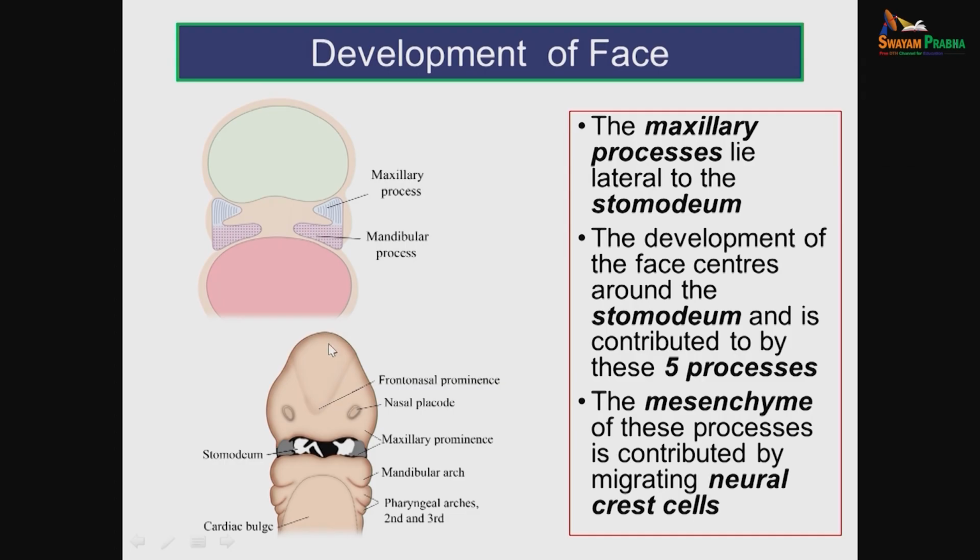The development of face hence is going to center around the stomodium and is contributed by 5 processes, namely frontonasal process, 2 maxillary processes and 2 mandibular processes. The mesenchyme of these processes is going to be contributed by the migrating neural crest cells.